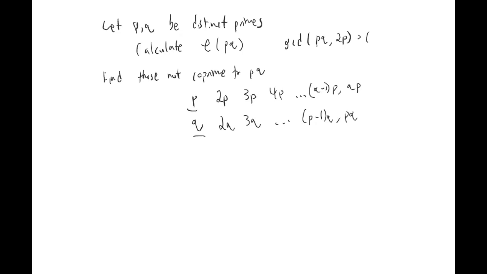Everyone follow so far? And these are it. So let's take all numbers from 1 to pq, there are pq of them. Now we subtract off. How many numbers are right here?